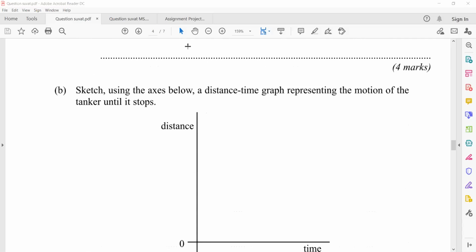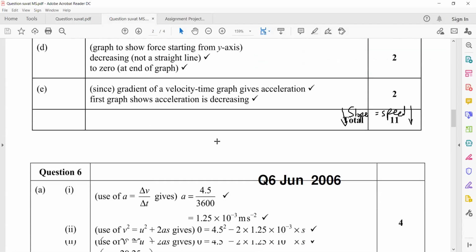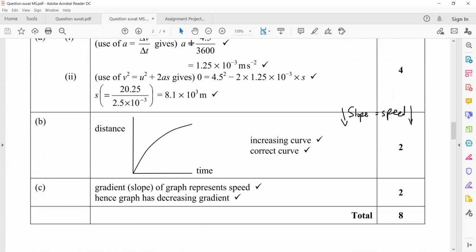For a distance-time graph, the slope represents speed, and deceleration means speed should decrease. So if speed is decreasing, the slope should also decrease. You can see the graph. This is a graph for decreasing speed. The slope is decreasing, it means the speed is also decreasing.